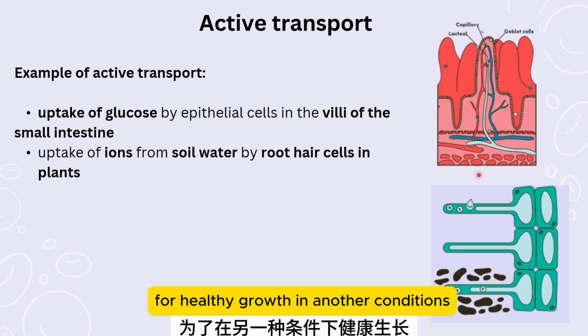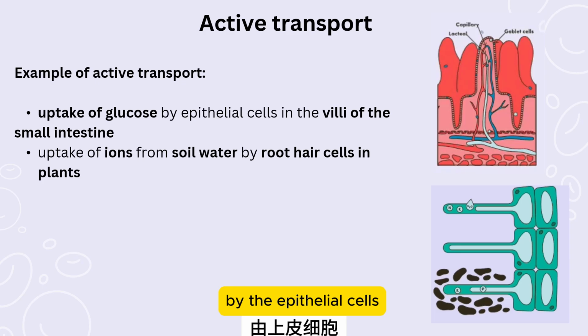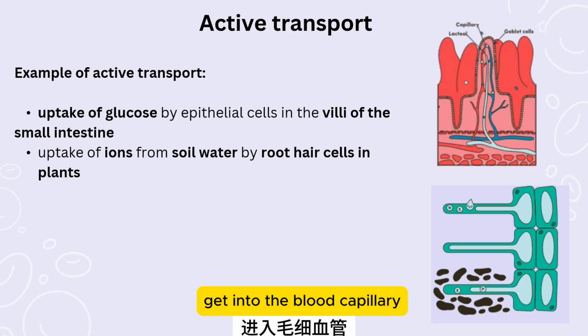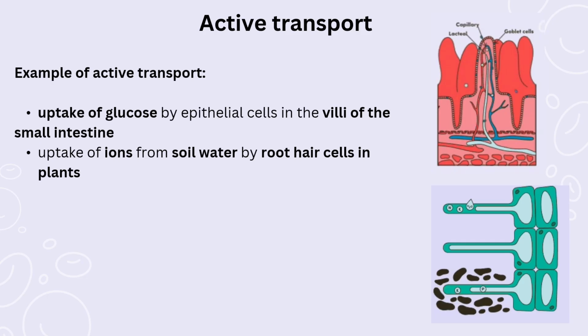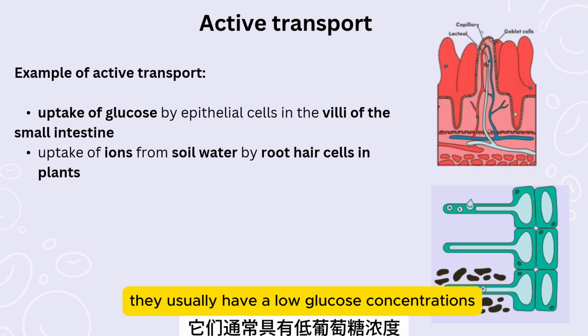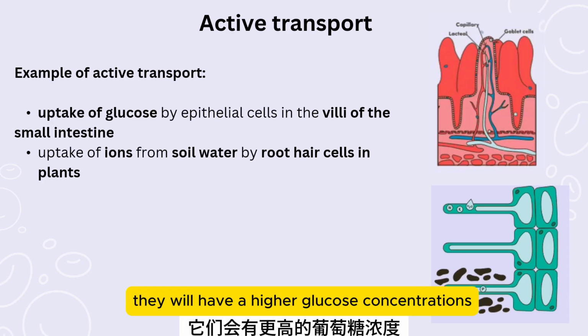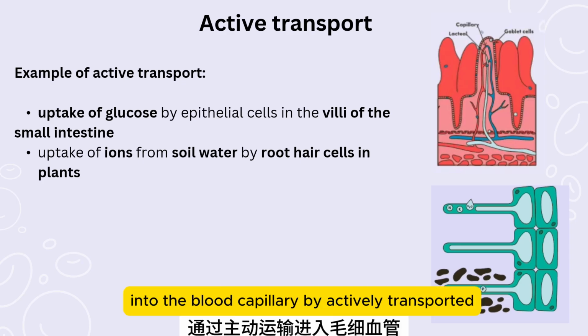In another condition, there is the uptake of glucose by the epithelial cells in the villi of the small intestine into the blood capillary. This is because in the villi of the small intestine, there is usually a low glucose concentration. However, in the blood capillary, there is a higher glucose concentration. So the glucose will be actively transported from the intestinal villi into the blood capillary by active transport.